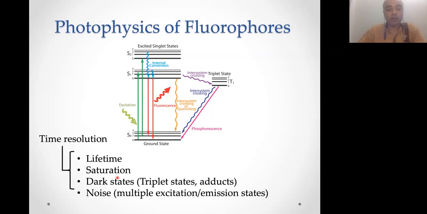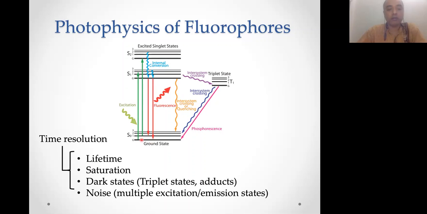If you keep hitting those molecules, you will get to a stage where you are competing with photobleaching, as well as reaching saturation, which is the number of times it is cycling through the excited state and ground state.